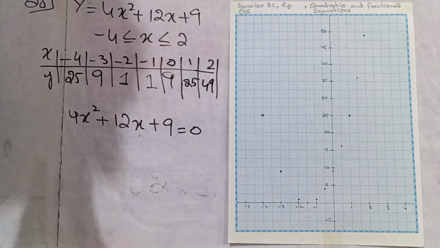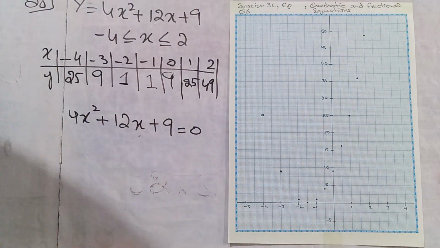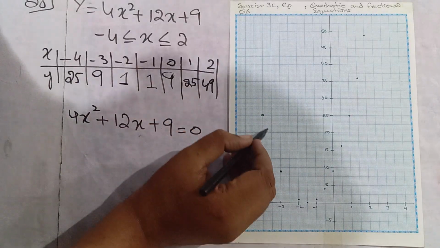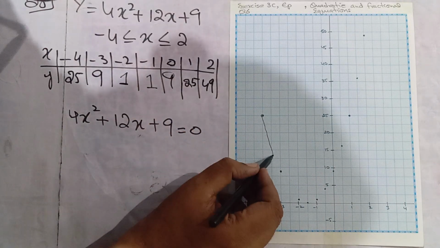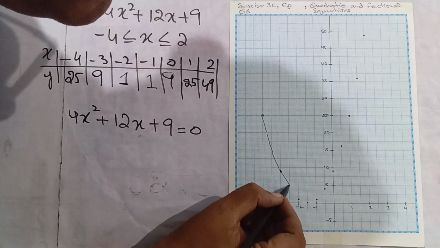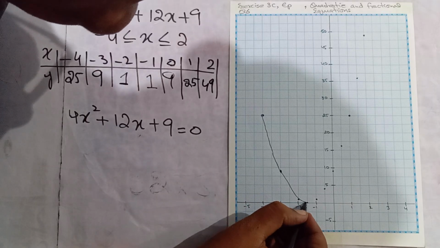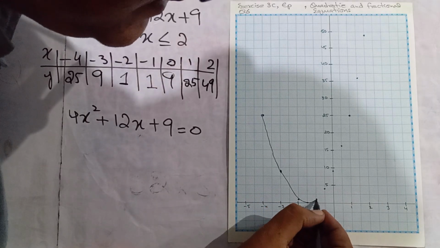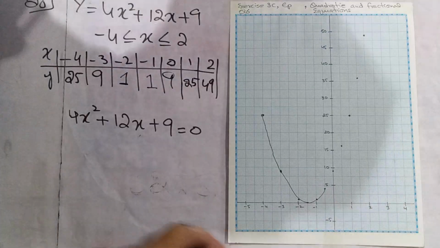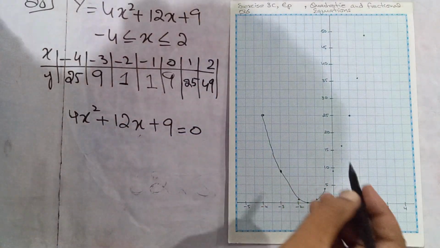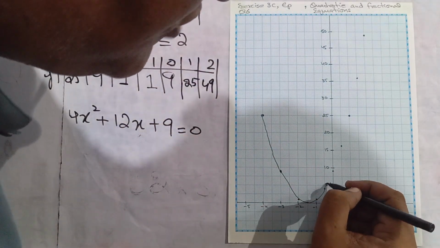Okay, so now the points can give you easily a very smooth curve. So let me try. Okay, so we touched here, and from here the graph will go back. Okay, now let me try.